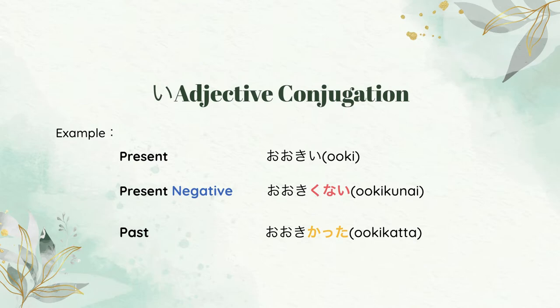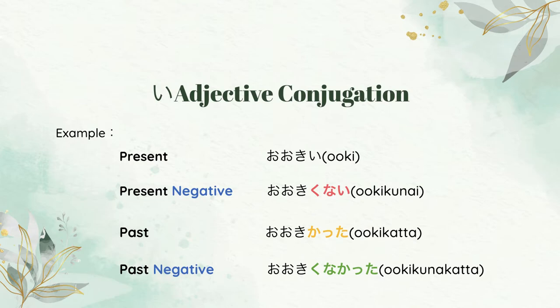Past negative would be 大きくなかった. So to repeat that, present 大きい. Present negative 大きくない. Past 大きかった. Past negative 大きくなかった.